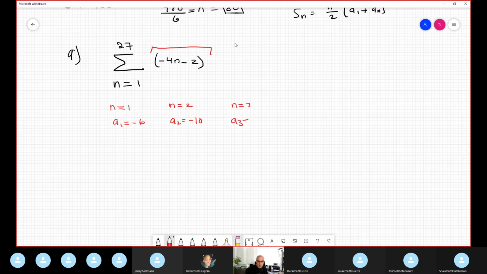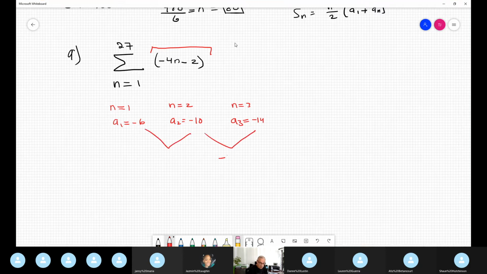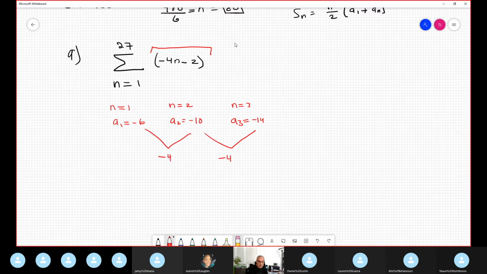A3 is negative 14. Okay. Now you try to find the common difference, is negative 4. Okay, entonces now conclusion, it's arithmetic sequence. We can do the problem under the consideration que es arithmetic sequence. Okay, and the information is A1 is negative 6 and d is negative 4.